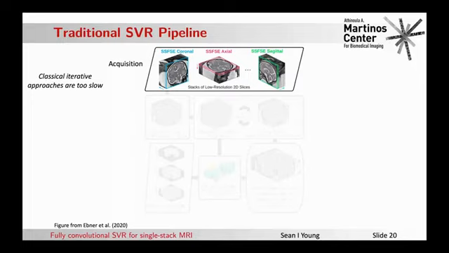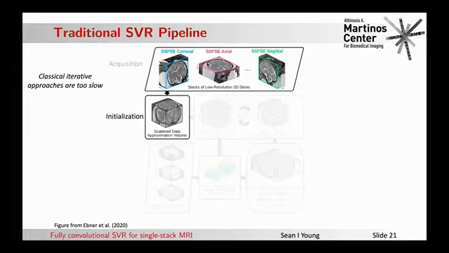You acquire 3 orthogonal stacks of single shot fast spin echo sequences. Then, now that you have those 3 stacks, you scatter all of the voxel information into an original, low resolution initial volume.